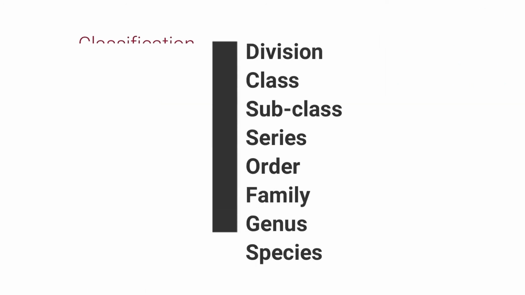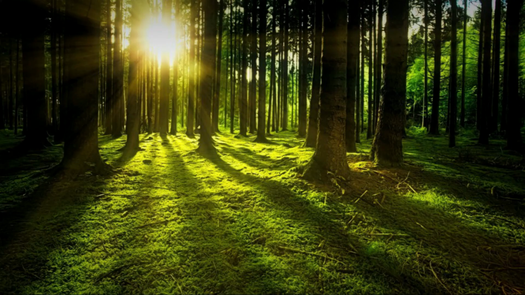Okay, and within each of these classes, you will see the subclasses, the order, then the series, then the families, then the genera and the species. Well, I'll talk about it a little later on. But let me come to this, distinctive characters of these two classes, the monocots and the dicots, because it's very important.